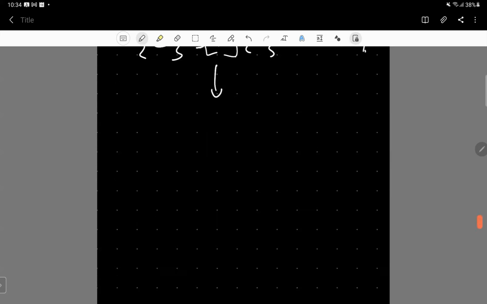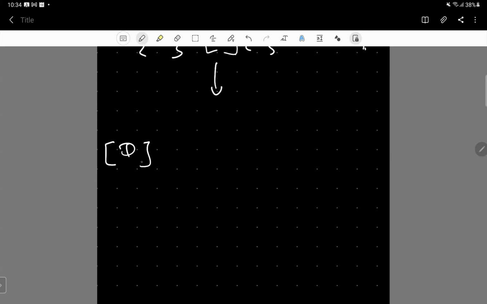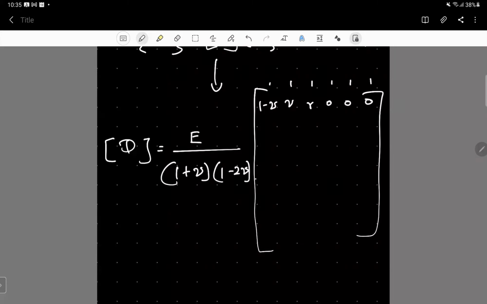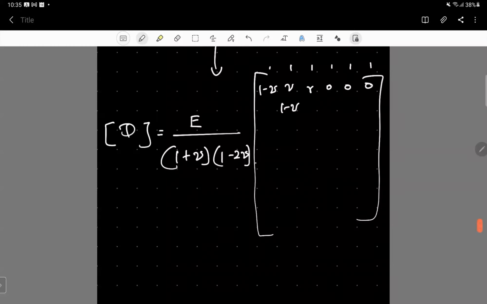It will be a symmetric matrix, and it will include the properties of the material, such as the Young's modulus, the modulus of elasticity, plus the Poisson's ratio, 1 minus nu, 0, 0, 0, 1 minus nu, 0, 0, 0.